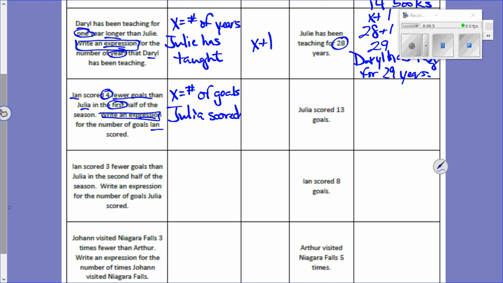From Julia's perspective, Ian scored 4 fewer. So if I know what Julia scored, I'm going to take my X and subtract 4 to get to Ian's score. Julia scored 13, X minus 4. I now know it is 13 minus 4, 9, so Ian scored 9 goals.